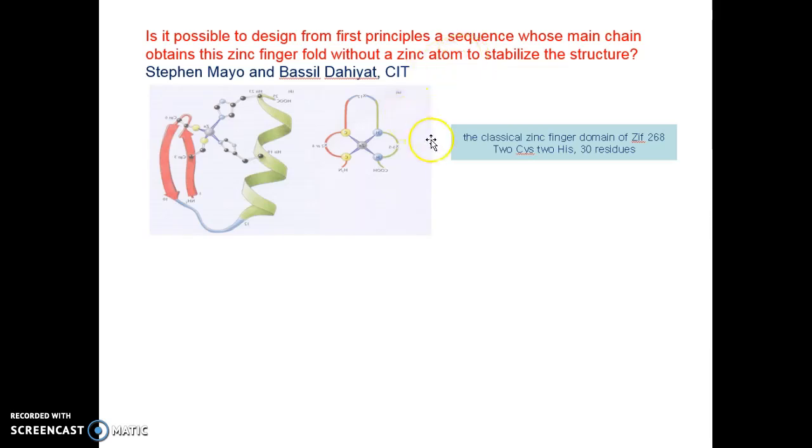You learned in chapter 10 about the classical zinc finger domain, which has two cysteines and two histidines to hold the zinc, which stabilizes this short 28-residue alpha helix followed by a small hairpin structure.